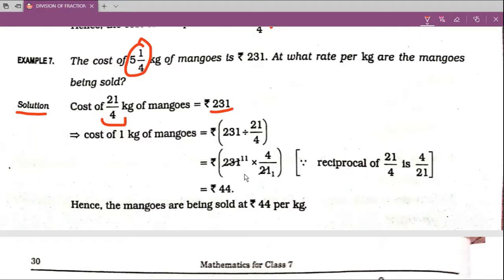In the product of 231 into 4 by 21, 231 will be divided by 21, 11 times. So 11 into 4 is equal to 44. So rupees 44 is the answer. Hence the mangoes are being sold at rupees 44 per kg.